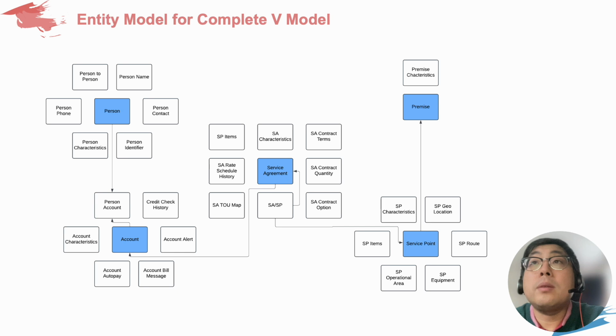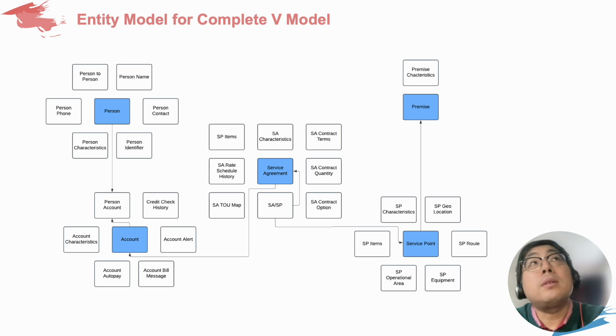Then moving on to the service points, we have service point geolocation, where we normally store the service point identifier, like MPAN in the UK for electricity and MPRN for gas. Service point characteristic items could be badged items or unbadged items.